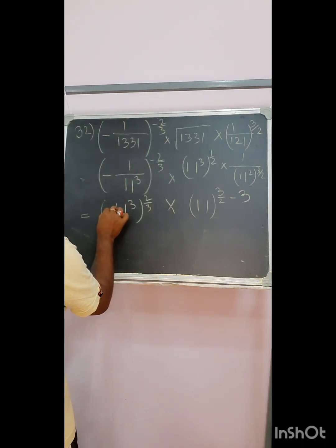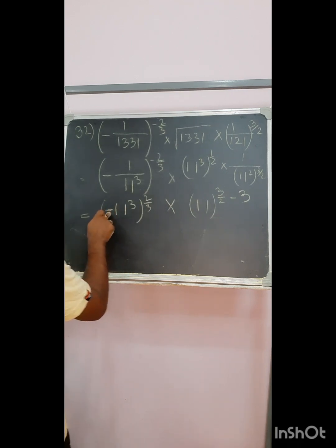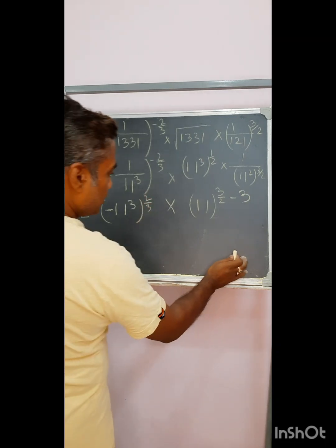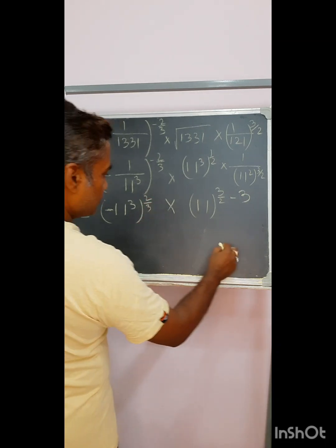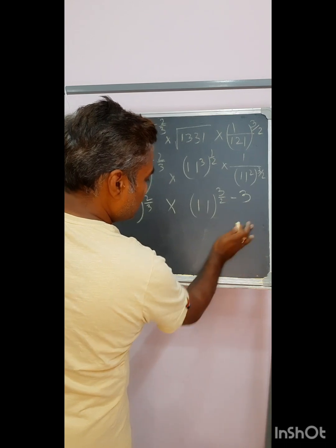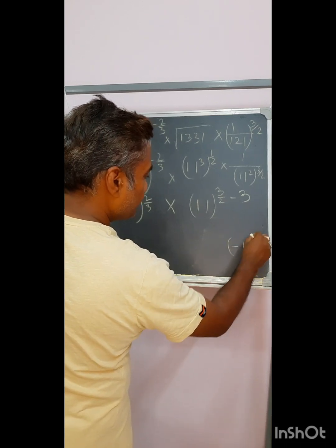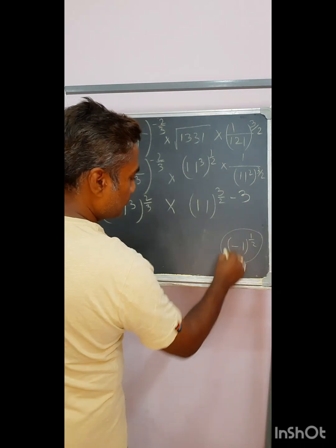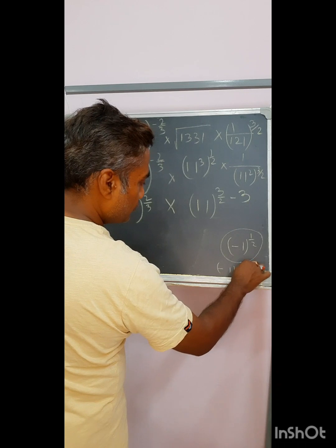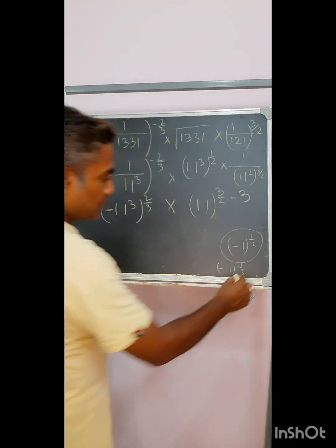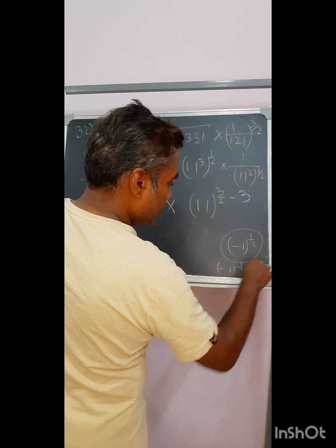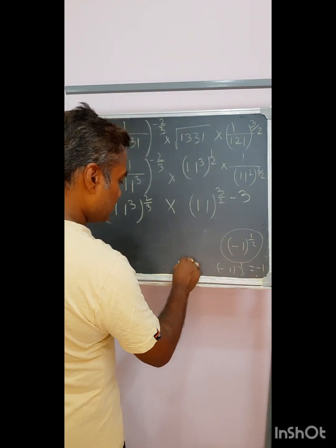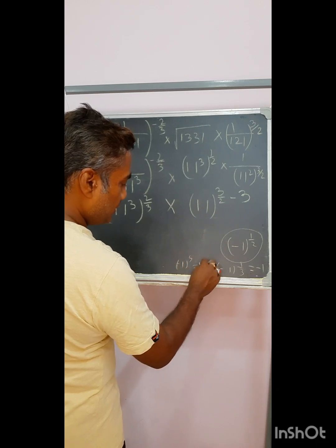Now that minus sign will be influenced by the square root, meaning the indices in the fraction. Minus 1 to the power half means square root of minus 1, which is a non-real number, whereas minus 1 to the power 1 third is a real number and it gives you minus 1, because on the reverse, if I do minus 1 cubed, it will be minus 1.